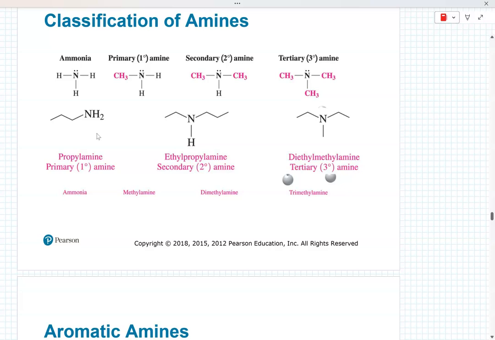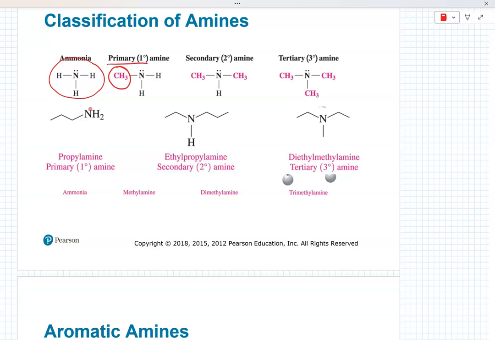Now, amines are classified in a way similar to alcohols. Do you remember primary, secondary, and tertiary alcohols? We talked about them. Remember those? Amines are classified based on the same principle. So, this is the molecule of ammonia. If you replace 1 hydrogen on ammonia with some kind of organic substituent, you're going to get a primary amine.